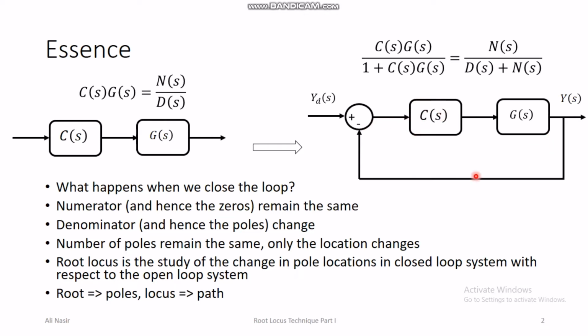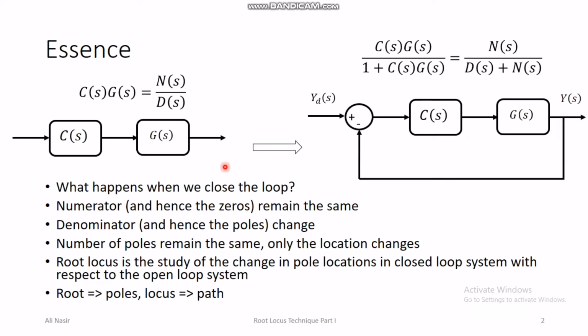By closing the loop, you mean that you are sensing the output of the system and feeding back the sensed output to the controller, so that the controller can apply the corrective action on the plant.